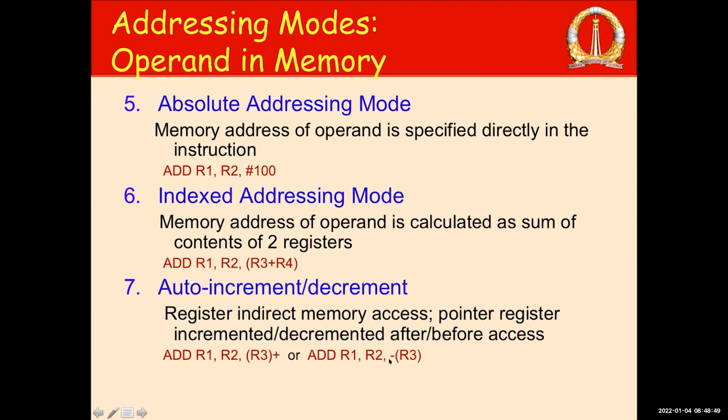So, for example, if you have an array type of variable, and these values are stored in successive memory locations, then to access them one after the other, typically one could use the auto increment addressing mode, because after you have accessed the first element, if you do an auto increment, then the register points to the next element and so on.